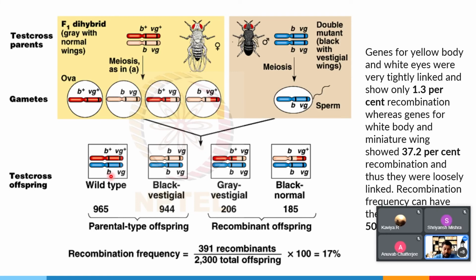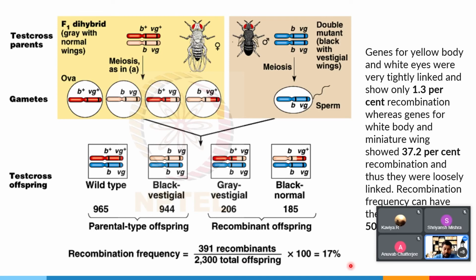So if there was no crossing over occurring, then we should have only seen the parental type offspring. That goes along with Mendel's theory. But we also observe recombinant offspring due to the crossing over that occurs. And from this we can calculate the recombination frequency, which is the addition of these two recombinants divided by the total number, and this gives us a number that is close to 70%.